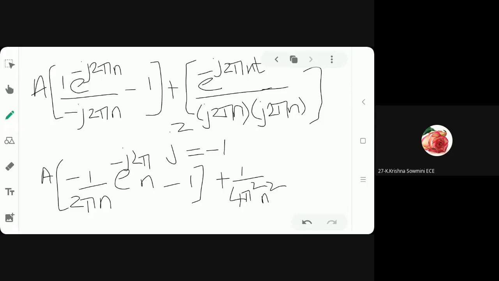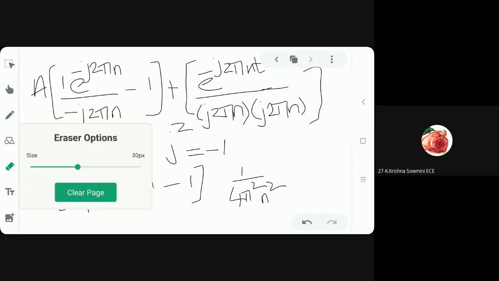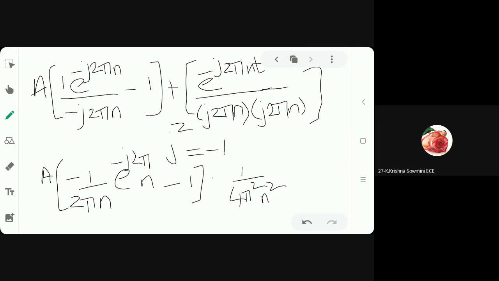J square is equal to minus 1. So this will be equal to minus. Now what are the limits here? 0 to 1. So substituting the upper limit, this is e power minus j 2 pi n. Substituting the lower limit, minus 1.